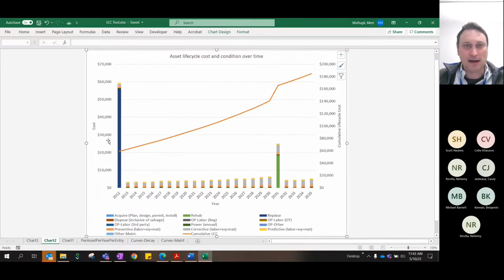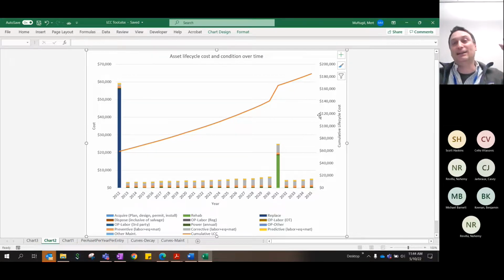Another way to look at this data is including the cumulative cost. So what we have here is, again, the annual lifecycle cost components called out separately. But we can also plot the cumulative lifecycle cost component here, looking on the right side, like this is what it looks like.